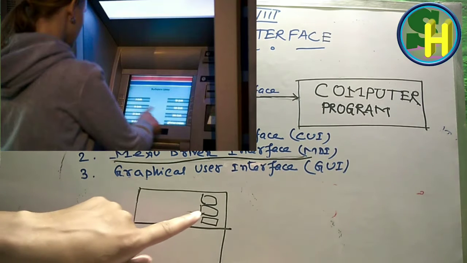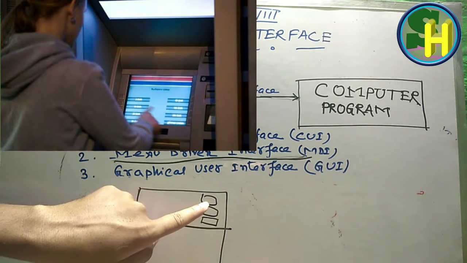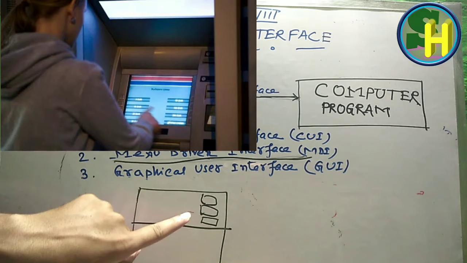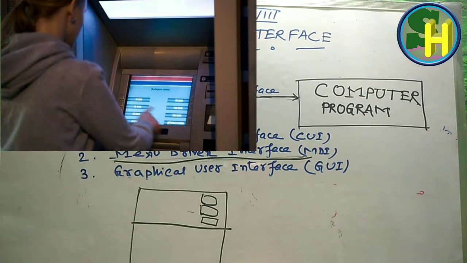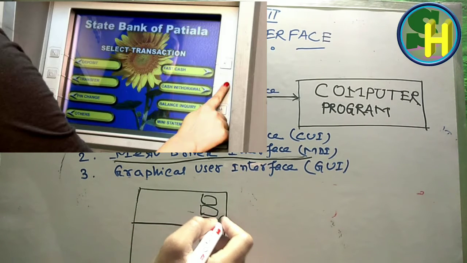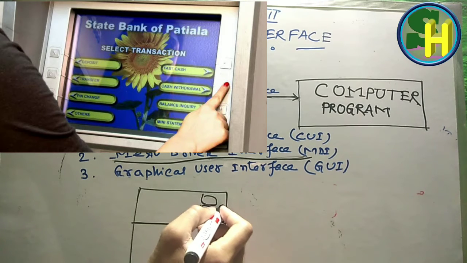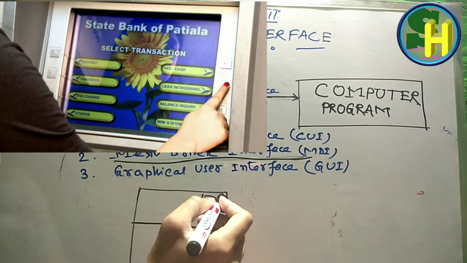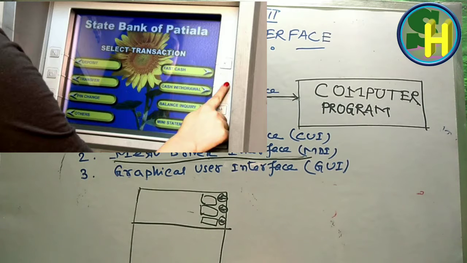You just press on the screen, on the options which are available, and otherwise some indication will be there on the menu chart with an arrow sign. You just click on the arrow options and use your banking system.